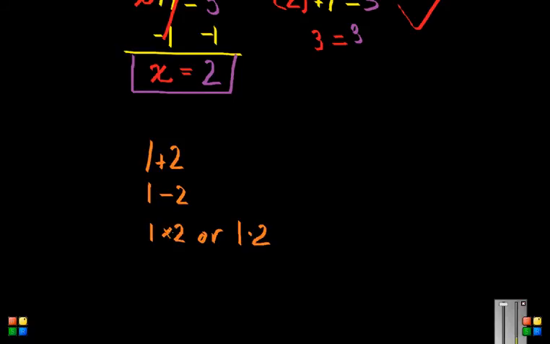Multiplying can be written with an X or a dot. Most commonly you'll find it with a dot, but in lower education you'll find it with an X. But both ways work, of course. And then there's another one, 1 divided by 2. Simple.